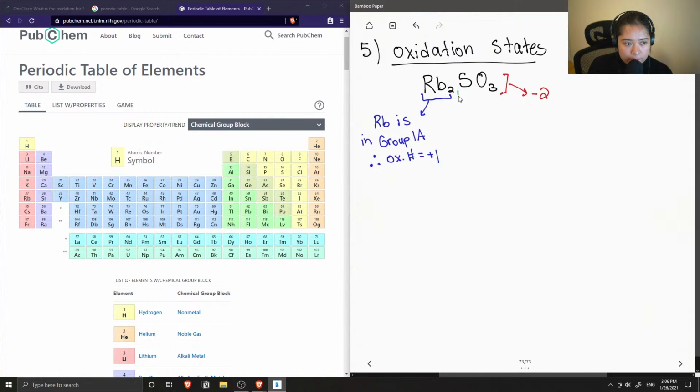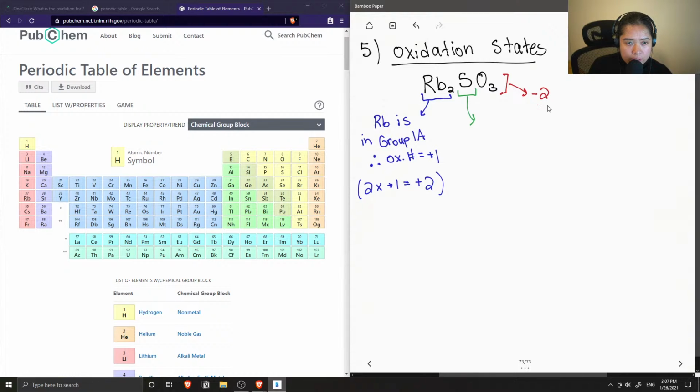So I'm assuming we need to find the oxidation state of sulfur. So first, let's look at our two oxidation states that are given. We know that for rubidium, it has an oxidation state of +1. So when we have 2 atoms of rubidium, 2 times +1 is equal to +2. So this whole thing gives off a +2 charge.